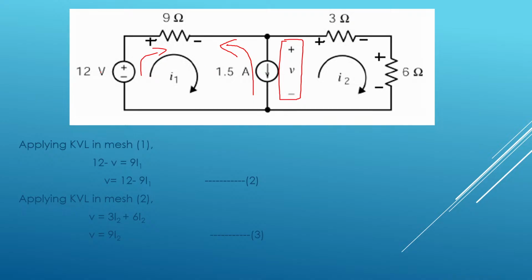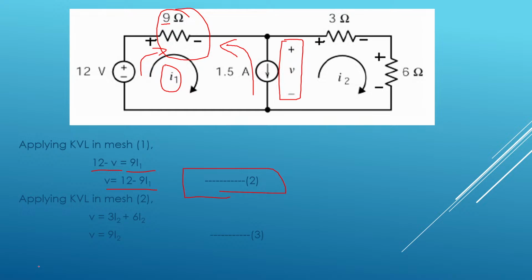That means both the voltages are in opposite direction. Therefore I have written 12 minus V is equal to the voltage drop across 9 ohms, which is 9 into I1. Simplifying further, I have written V is equal to 12 minus 9 I1. So consider it as your equation number 2.